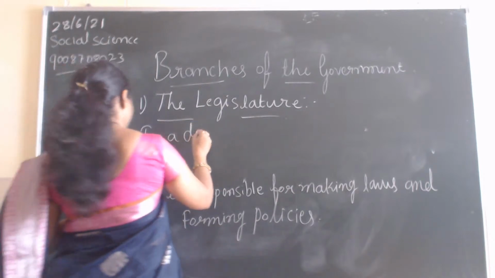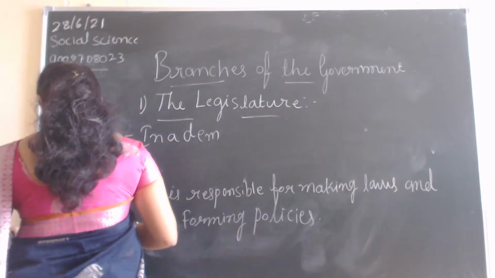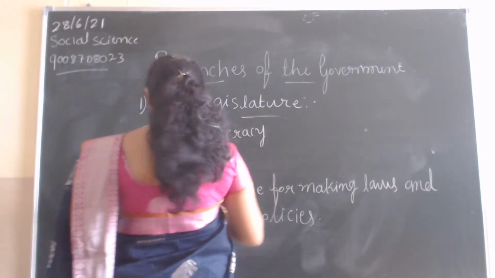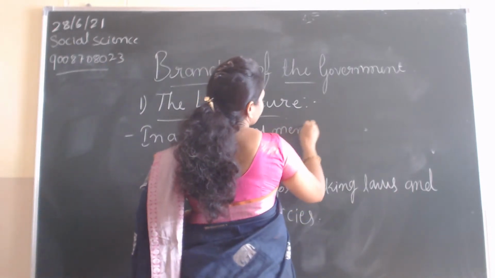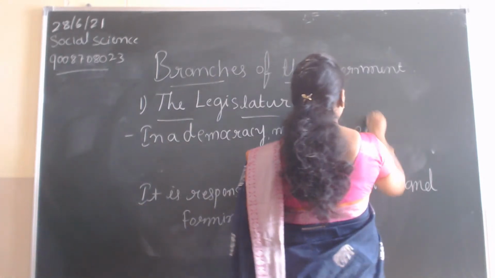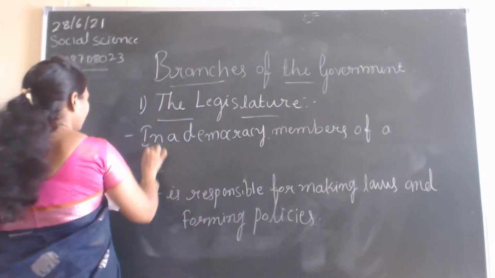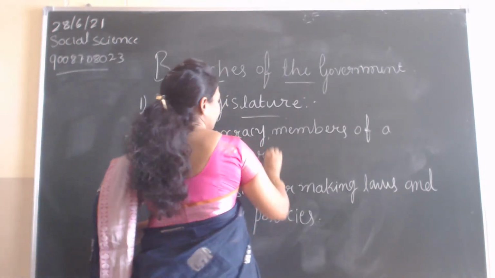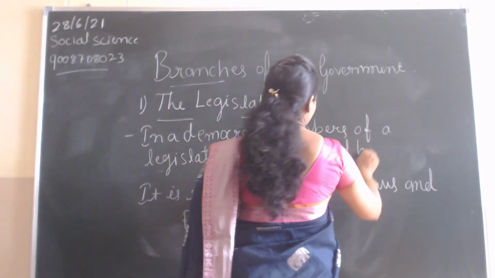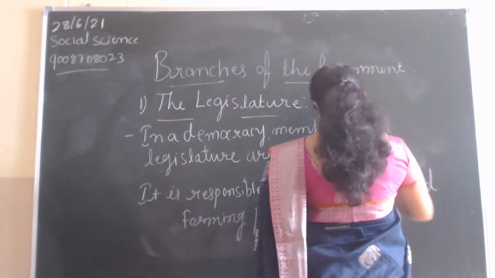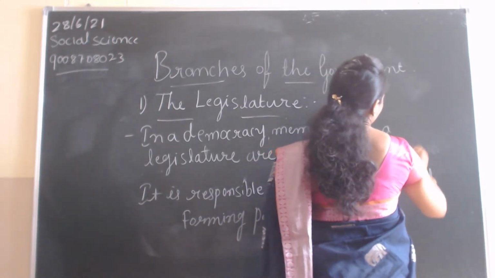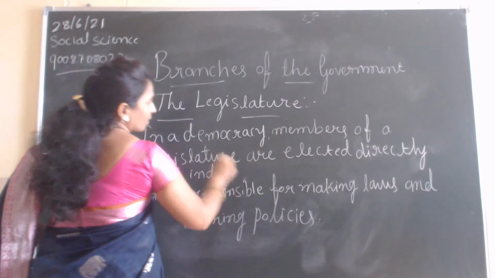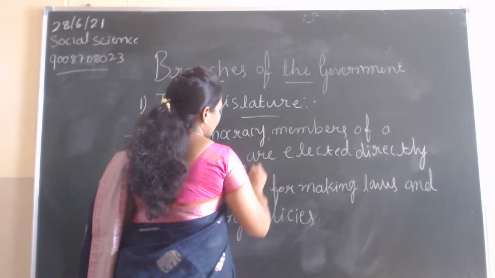In a democracy, members of a legislature are elected directly or indirectly.